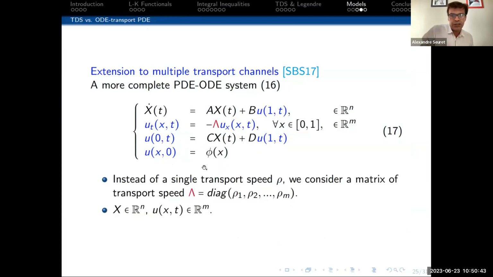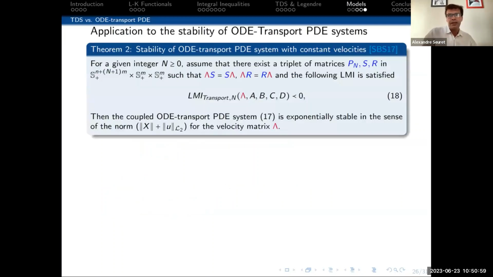So in this formulation, you have this lambda matrix, which collects the transport speeds of the channels, and you may have different speeds and different velocities to transfer the information from one side to another side. And we were able to expand and to translate the previous LMI into an LMI of transport equation with an ODE.